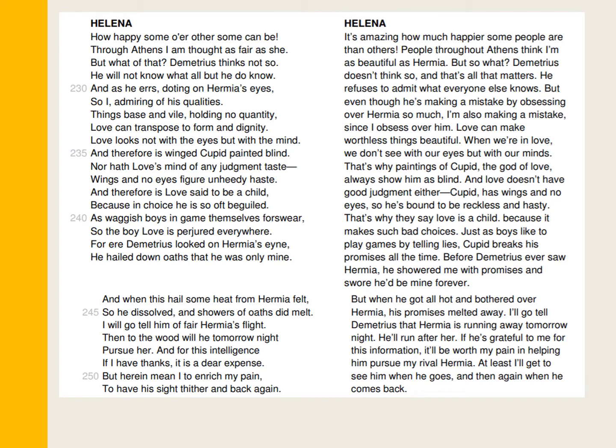Demetrius almost led her on, and now she's got to the point that she decides that actually she'll tell Demetrius that Hermia and Lysander are planning to run away, because in her sad, pathetic, love-addled brain, she thinks that that will make Demetrius kind to her, generous to her, possibly love her, very unlikely to actually pay attention. But she's willing to do this to her best friend just to get a smile, just to get some attention from the man that she loves.